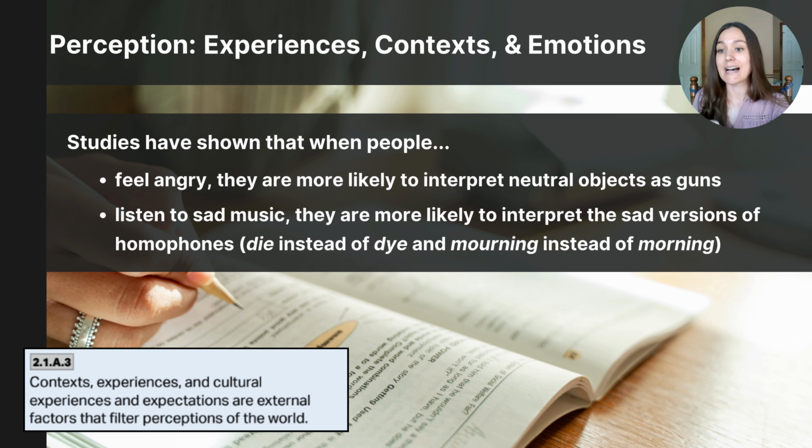They interpreted it as D-I-E instead of D-Y-E. And the word morning as M-O-U-R-N-I-N-G instead of M-O-R-N-I-N-G. So experiences, context, and emotions can all influence the way that we interpret sensory information.